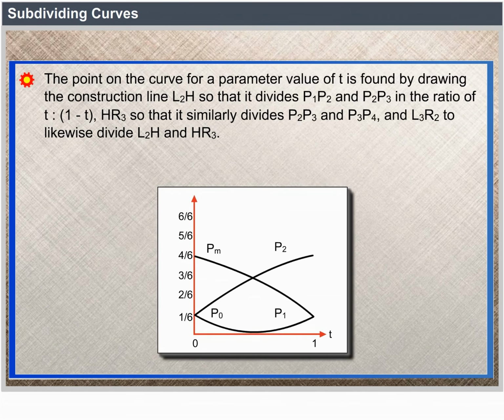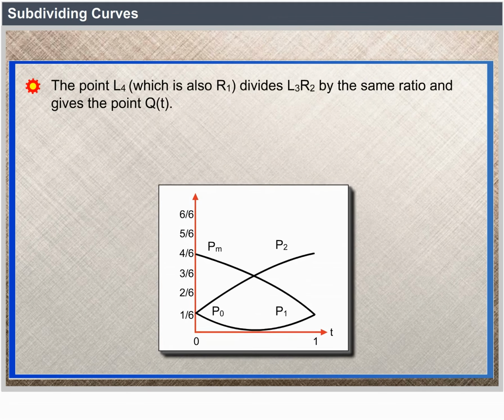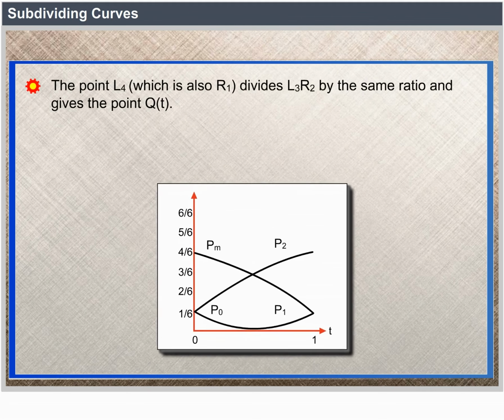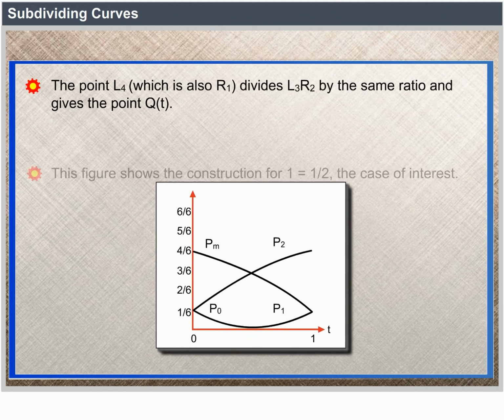The point L4, which is also R1, divides L3R2 by the same ratio and gives a point Q(t). This figure shows the construction for t equals 1/2, the case of interest.